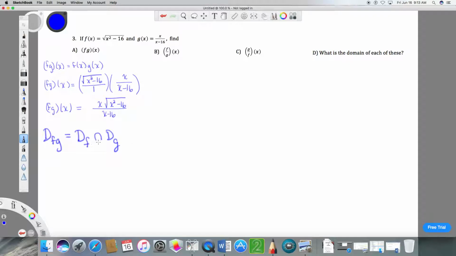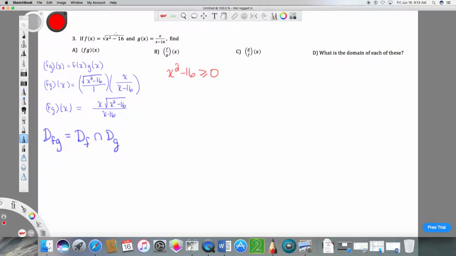So we need to find these two domains, and that's going to be a little bit of a challenge in finding the domain of f because we have a quadratic inequality to solve. Now, we saw in a previous skill that we did solve quadratic inequalities. So to find the domain of f, we need that x squared minus 16 has to be greater than or equal to 0 because we're underneath the square root.